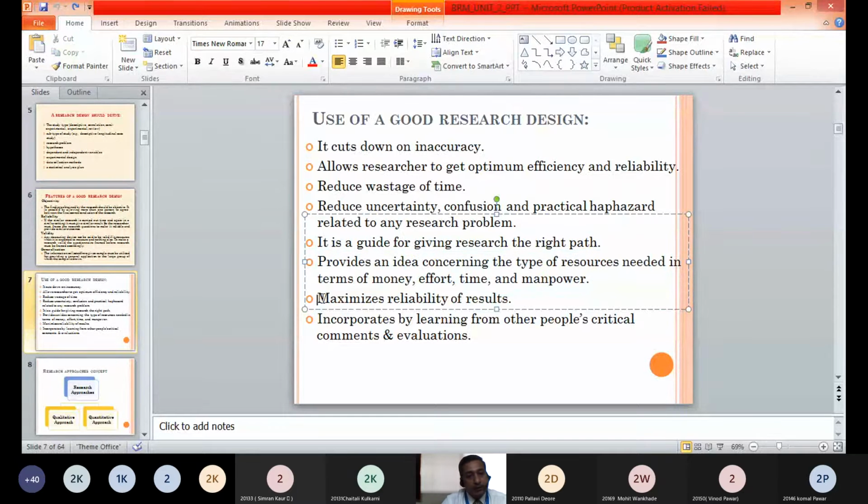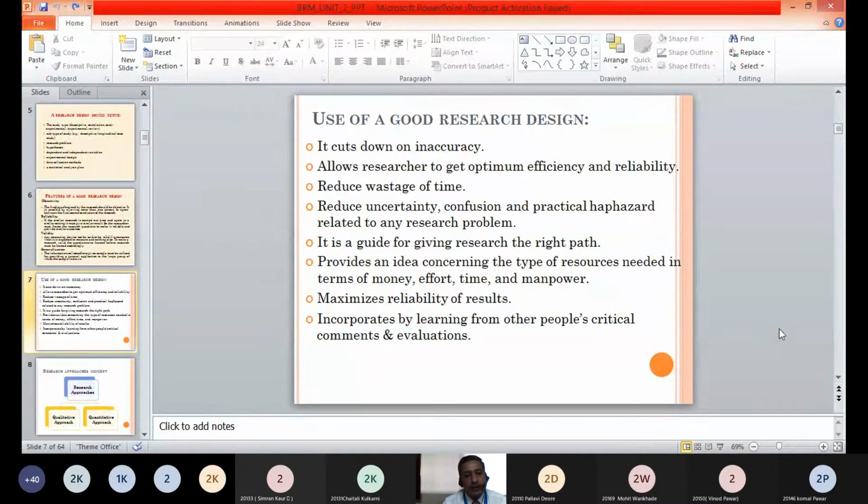Then a good research design maximizes the reliability of the results. So as we said, if a research design is good, it increases the reliability of results. It increases the trustworthiness of the results. Then a good research design incorporates learning from other people's critical comments and evaluations.